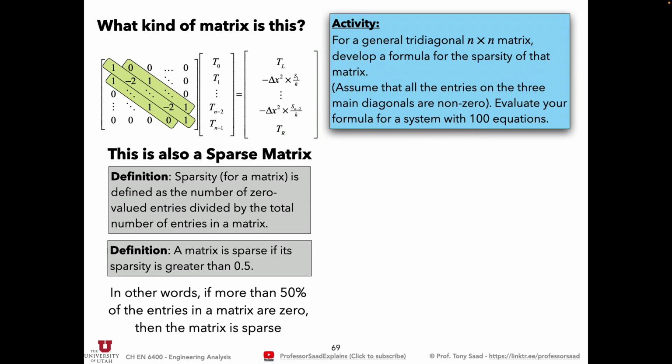So one trick to get this done is, instead of counting the zeros, you already know how many non-zeros you have. So if you count the non-zeros and subtract that from the total, that gives you the number of zeros, right? Because we know the size of the main, first upper, and first lower diagonals.